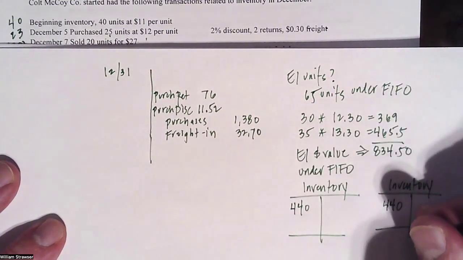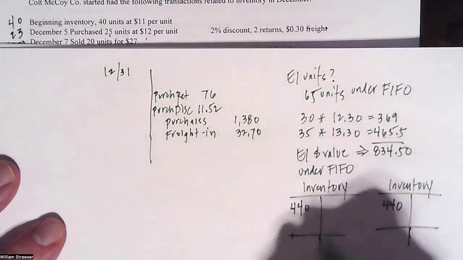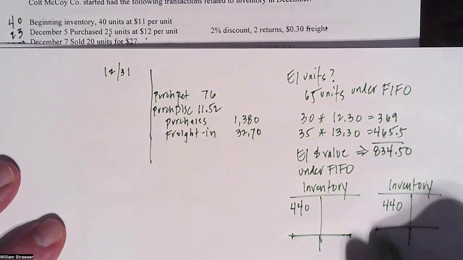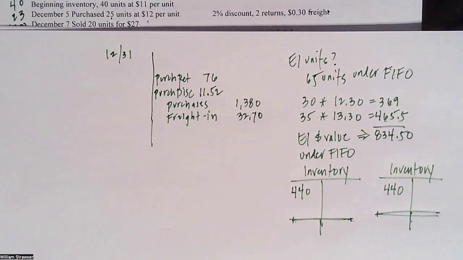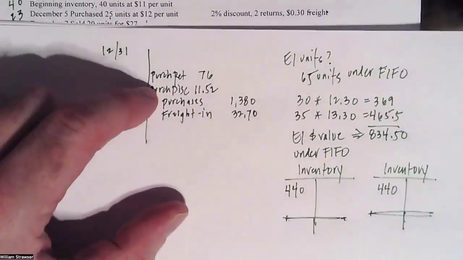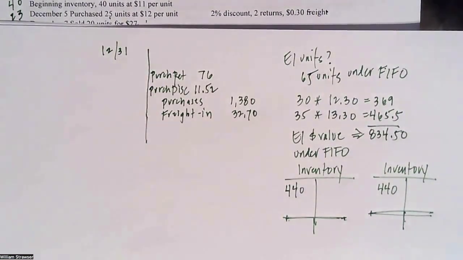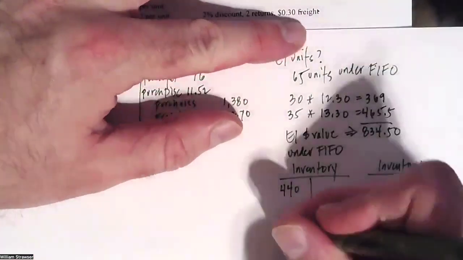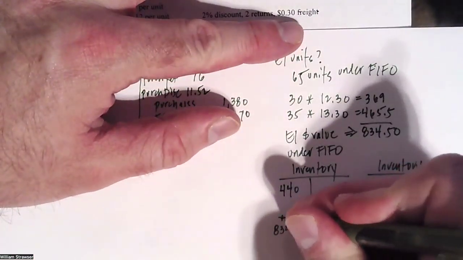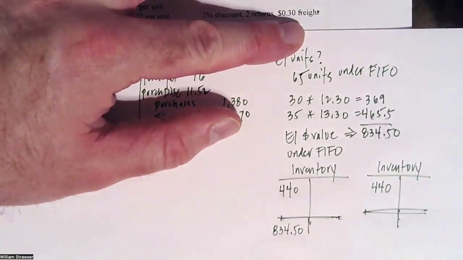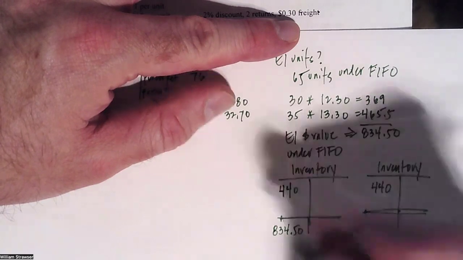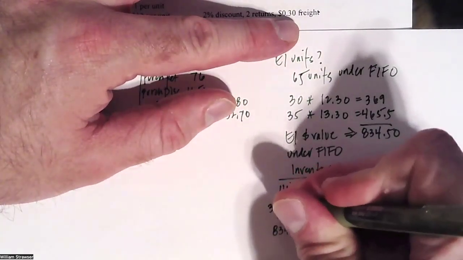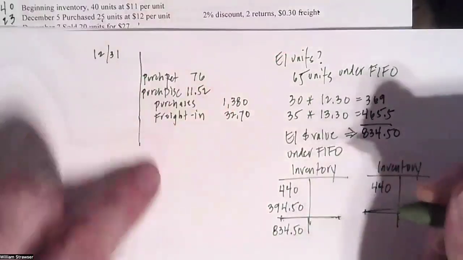Well, I just developed exactly what I want my ending inventory balance to be. Now remember, we're under the periodic method, so there were no entries to the inventory account during the period. That's perpetual. Our periodic method put all those entries into these accounts. So the 834.50 is the amount I want to end up with. In order to get to that amount, I would have to debit inventory by $394.50.